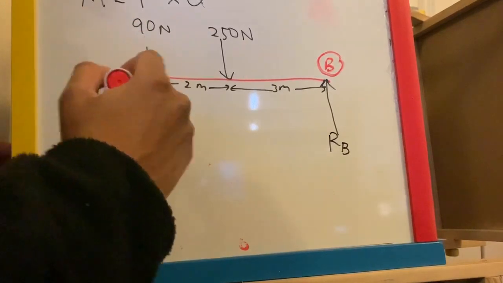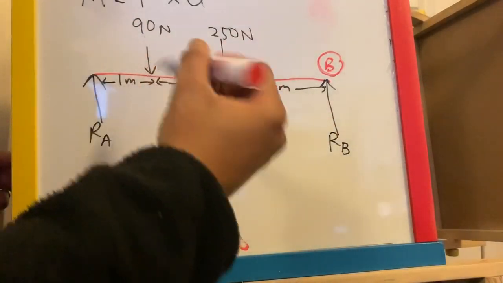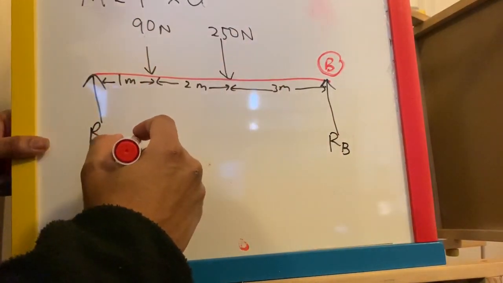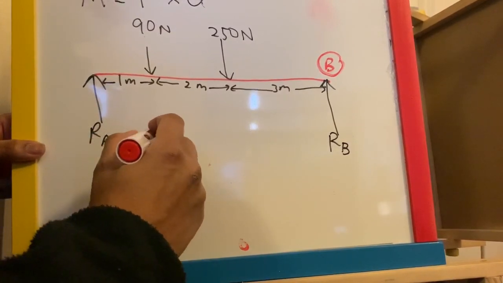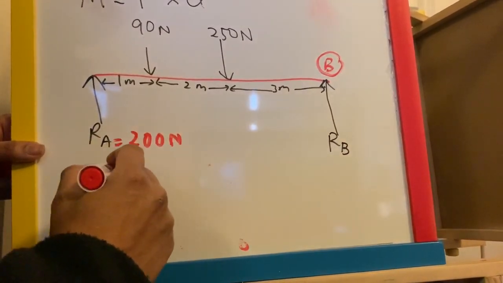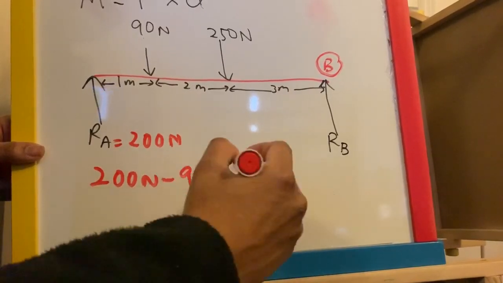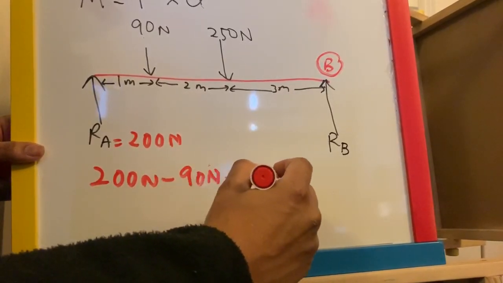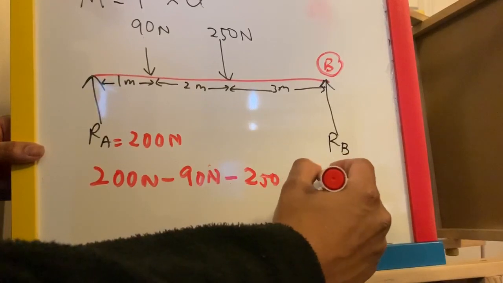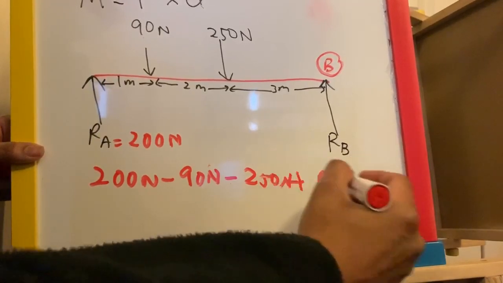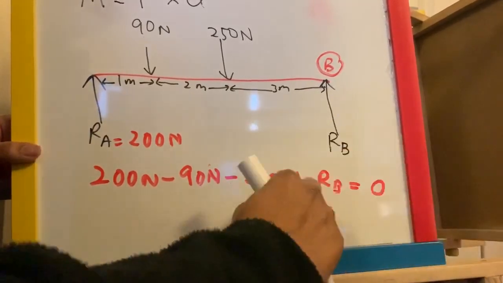So all the forces pointing upwards will be positive, those pointing downwards will be negative, okay? So we know the RA was 200 newtons. So 200 newtons minus 90 minus 250 plus RB newtons, equal to 0.